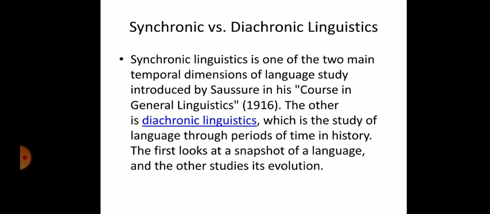Let's have a few examples. For example, I'm going to study the linguistic behavior of the BS first semester students of 2020 batch. Then I would be having a linguistic analysis that would be called synchronic linguistic analysis.